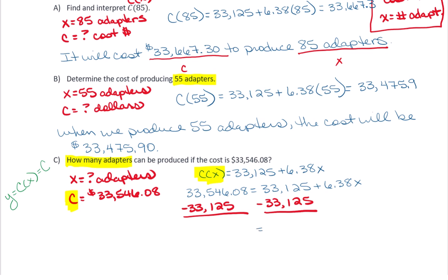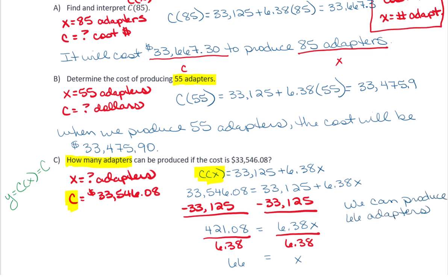So we get the 6.38x by itself. That equals the 421.08 after we subtract. And now that we're multiplying the 6.38 by x, we're going to undo that multiplication by dividing. And we get an x value of 66. So to interpret it, we can say we can produce 66 adapters at a cost of $33,546.08.